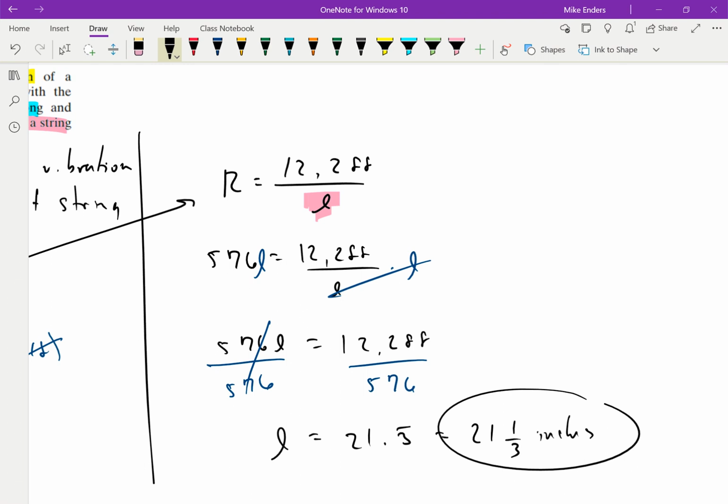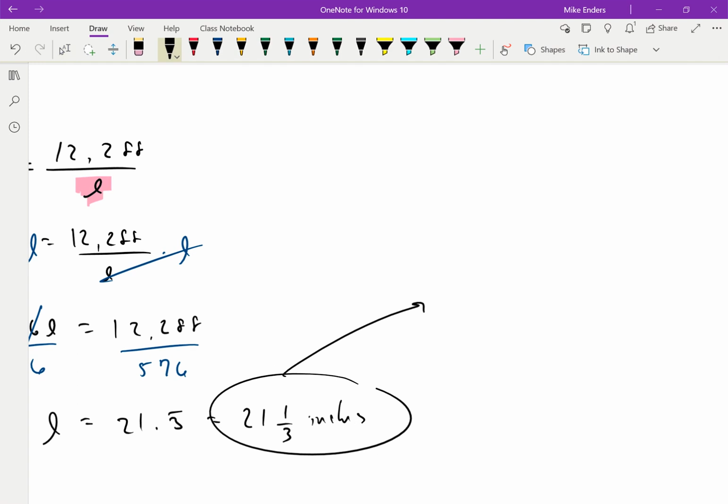Now, when we're doing homework for MTC and we're using Pearson's MyMathLab, if it asks for an integer or a fraction or a decimal, we have to figure out which one we're looking at. If we're looking for an integer or a fraction, 21 and 1/3 is a mixed number, so we would have to convert it.